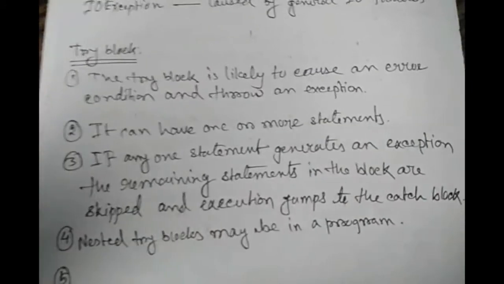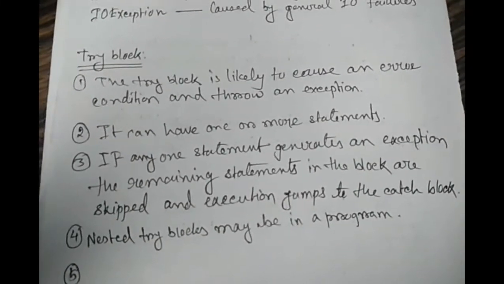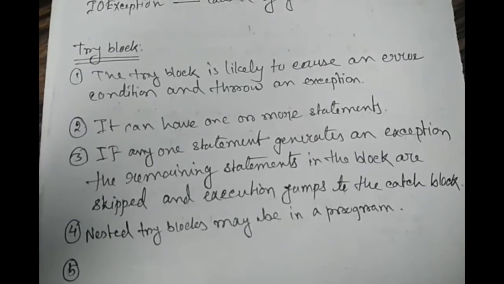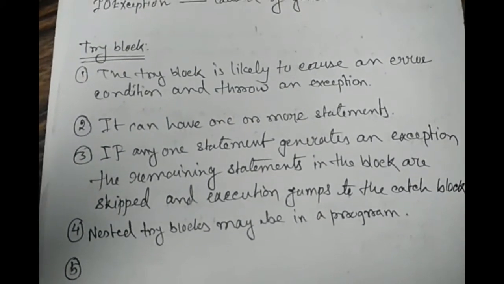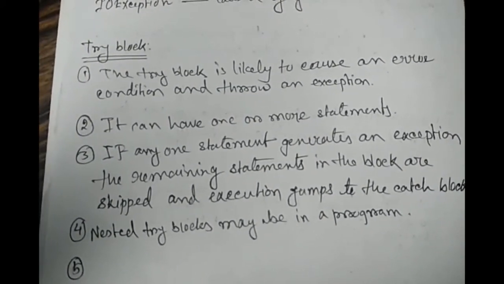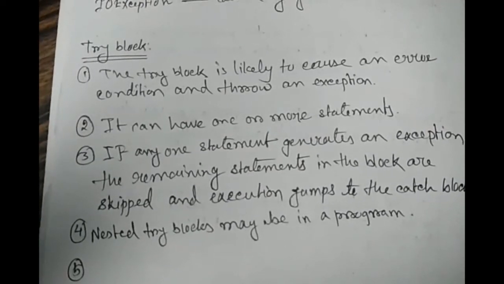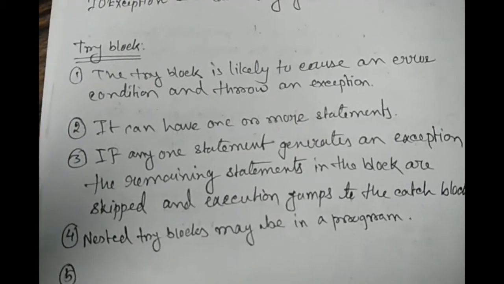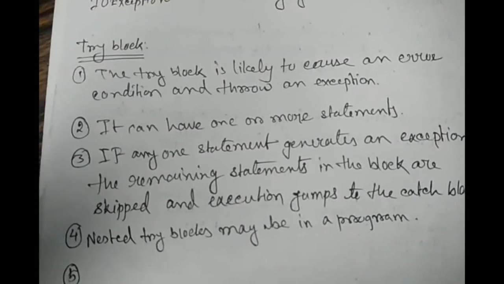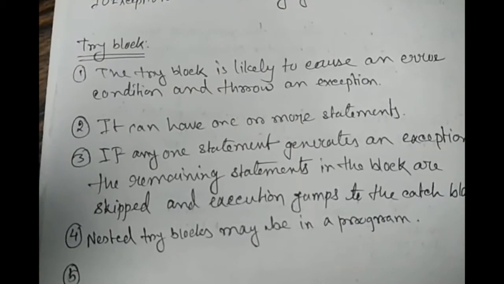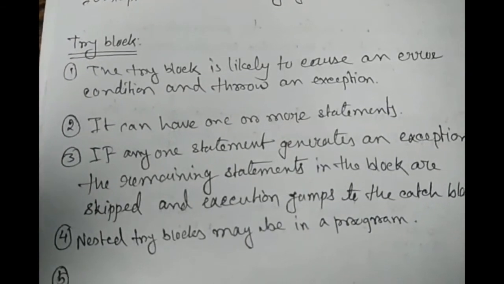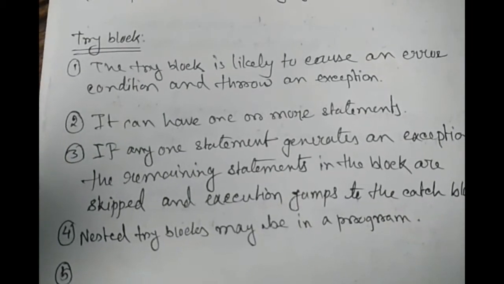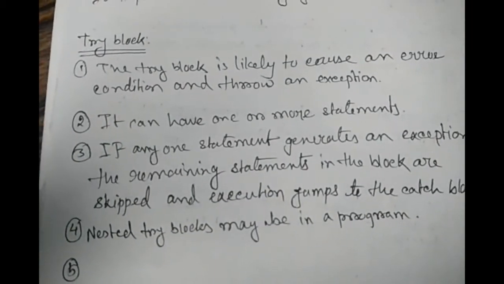So now we are trying to define the try block. The try block is likely to cause an error condition and throw an exception. So we must write some statements in the try block that cause an exception. Try block can have one or more statements.